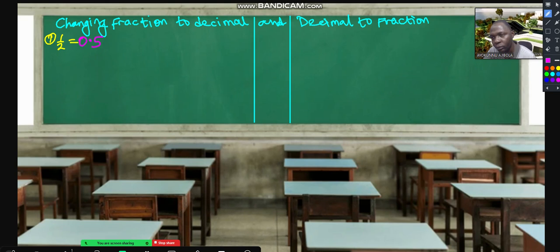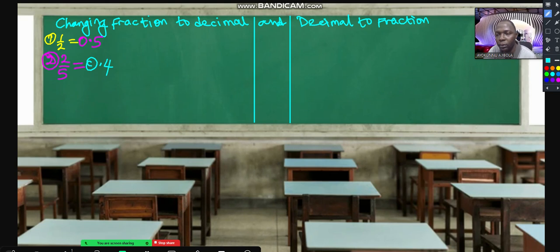Let's take number 2. Let's assume you have 2 over 5. Now, you can see that 5 is bigger than 2, so 5 cannot divide 2. When we say how many 5 goes in 2, that is 0. We put a point, and you put an imaginary 0 here to make 20. How many 5 goes in 20? That's 4, and that's the answer. So, number 3.